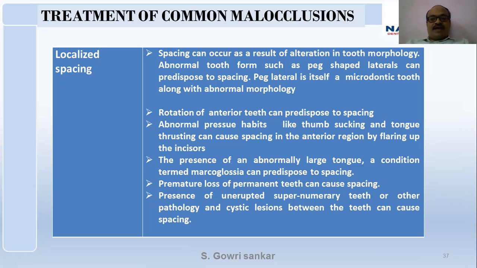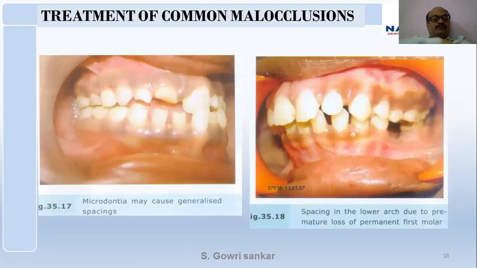There may be rotation of the anterior teeth, which may lead to spacing. Sometimes finger sucking and thumb sucking may open up the space in the anterior region only. Sometimes an abnormal tongue which cannot fit into the trough of the mandible can also give rise to spacing. And the presence of unerupted supernumerary teeth adds to the tooth material, and cystic lesions between the teeth can also cause spacing in the arch.